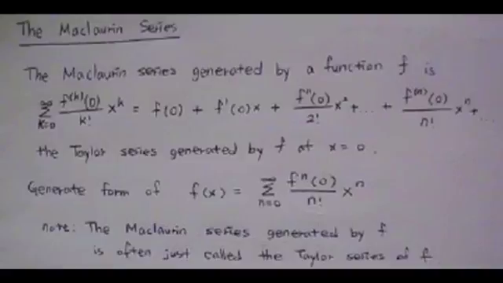As you can see, the pattern of the series is exactly the same as the Taylor series except for the x value. So the Maclaurin series generated by f is often just called the Taylor series of f.